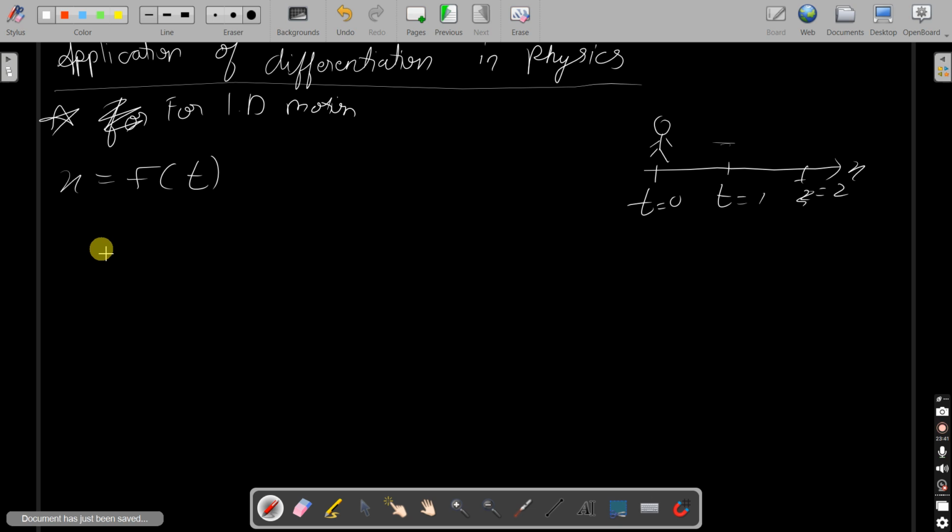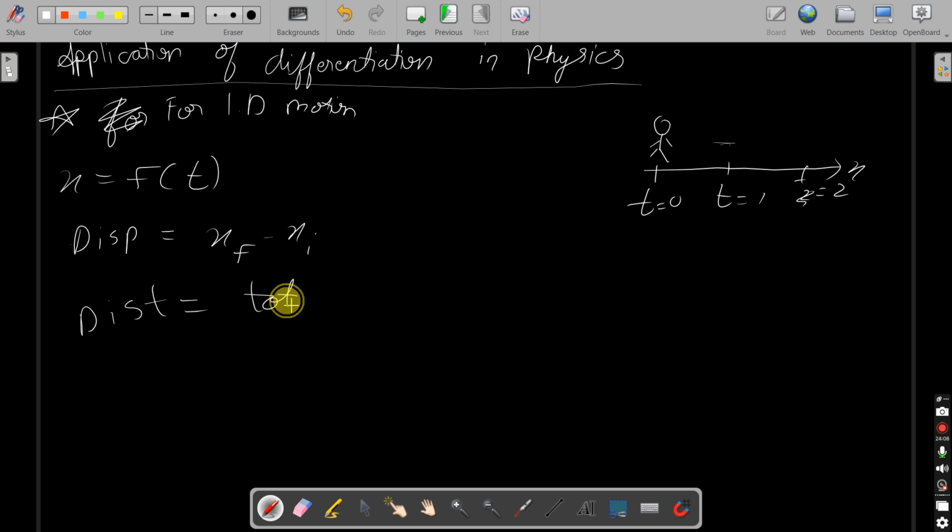So if you want to find its displacement, displacement is nothing but shortest distance. So it will be final position minus initial position, and distance is total path.